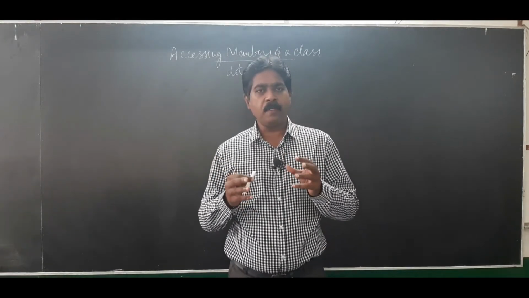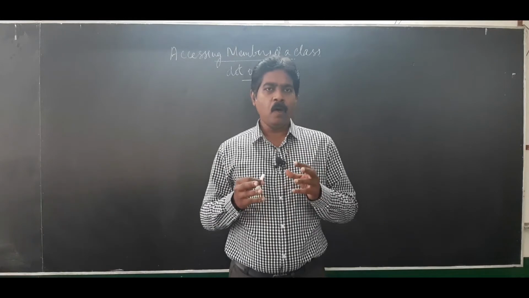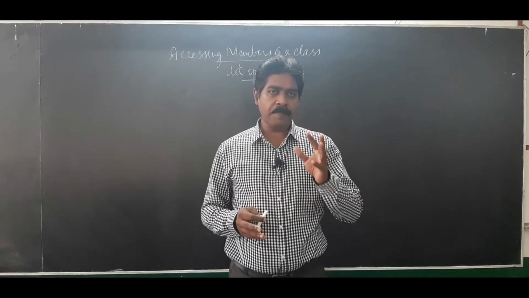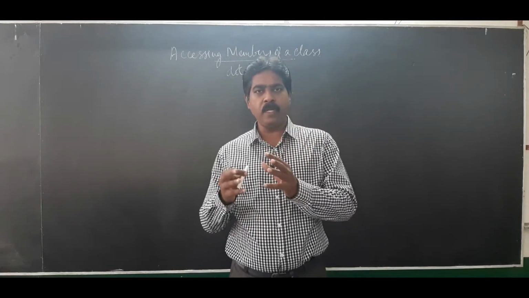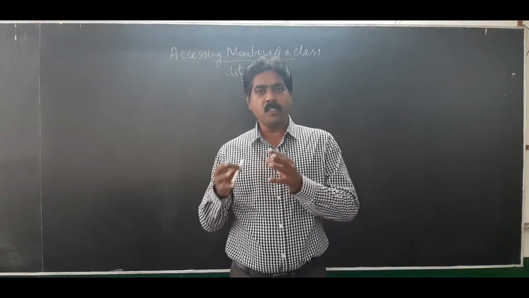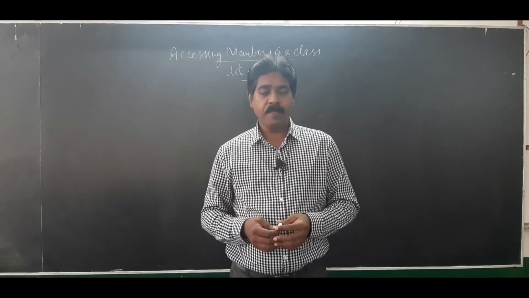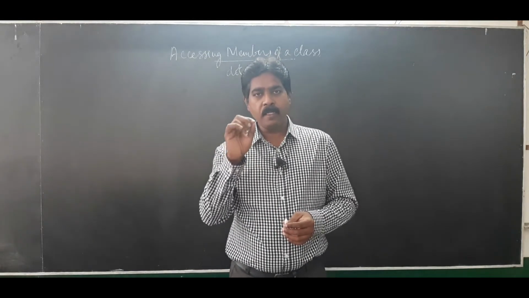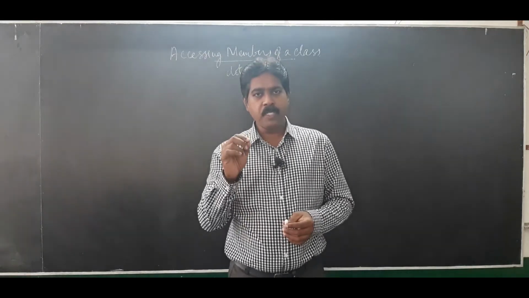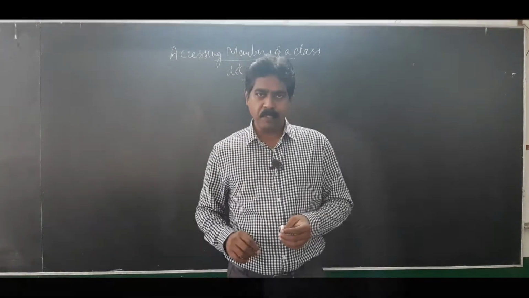Normally we create the object of the class. That is, after defining the class, we create the object, and the object, in our examples, we are creating in void main. When we create that object, it is used for accessing the members.